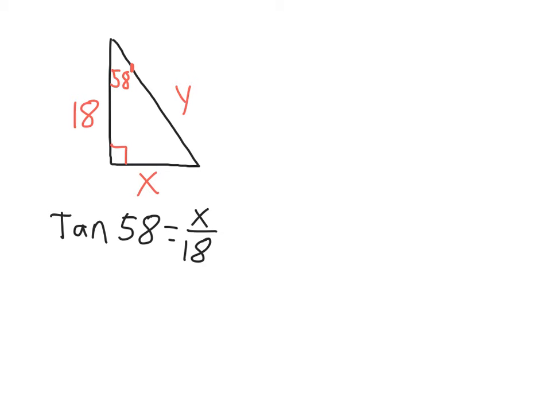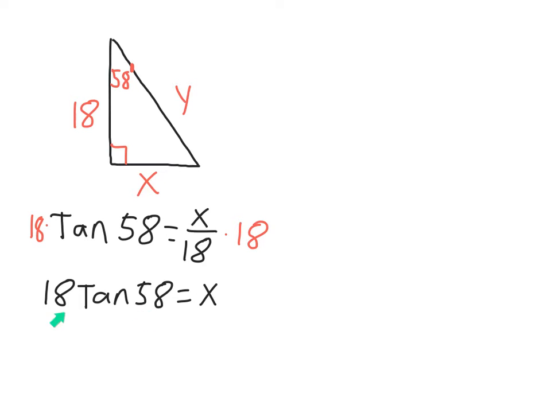It's just like solving an equation. So multiply both sides by 18, and we would get 18 times the tangent of 58 is equal to x. This is the tangent of 58, so we can't say 58 times 18.